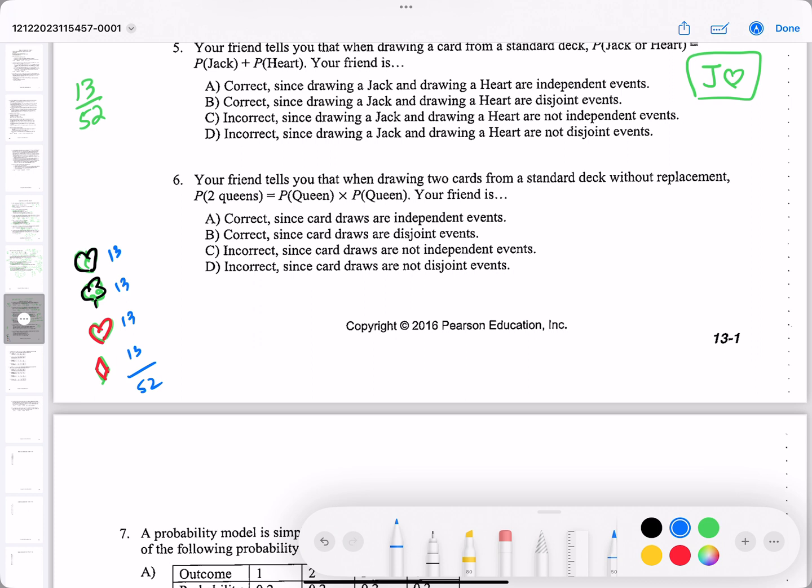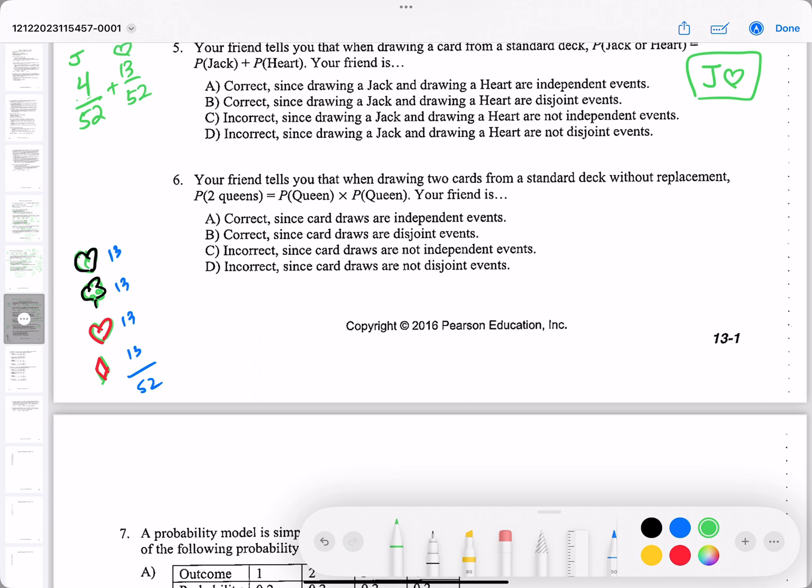All right. And then you can see that I will have a jack of hearts. There's one jack in each suit, so since there are 4 suits, it's 4 out of 52 for the probability of getting a jack, plus 13 out of 52 hearts.